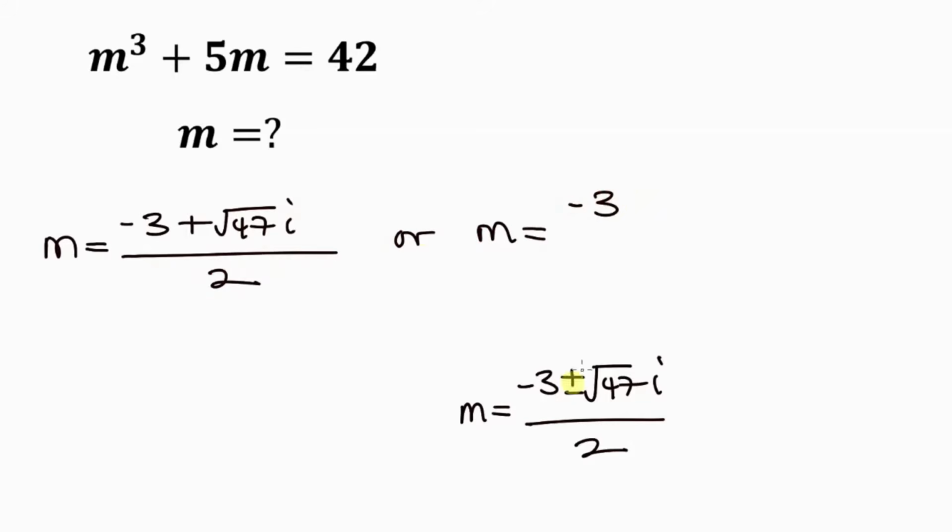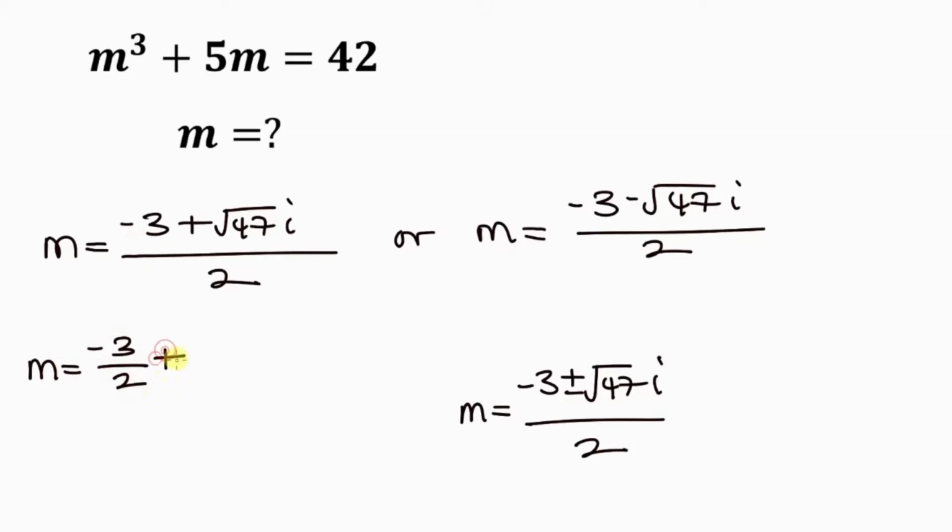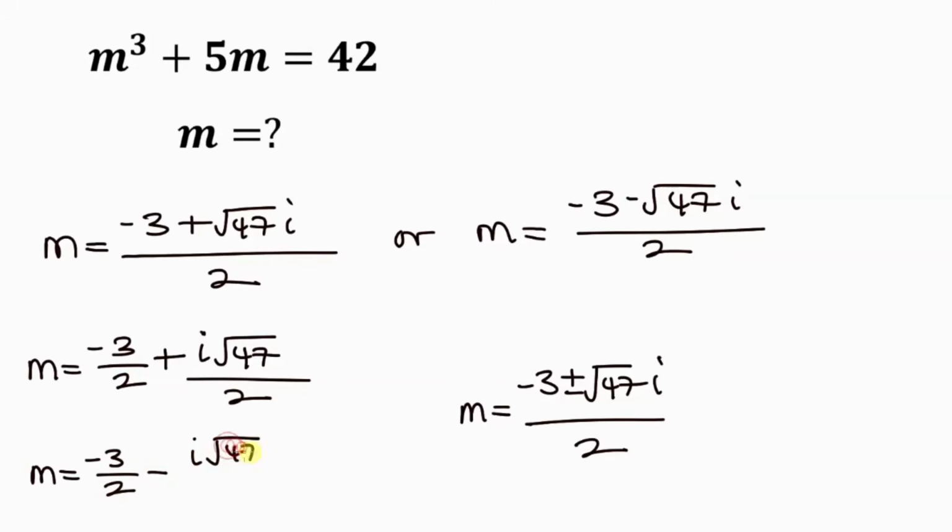This time we'll go with the minus, minus the square root of 47i all over 2. Now writing it in a more modern way, we have m to be equal to negative 3 over 2, plus, now I'm going to be writing this i first, so i root 47 all over 2. The same thing with this, so this will be m equal to negative 3 over 2, now minus i root 47 all over 2. And this is our final answer.